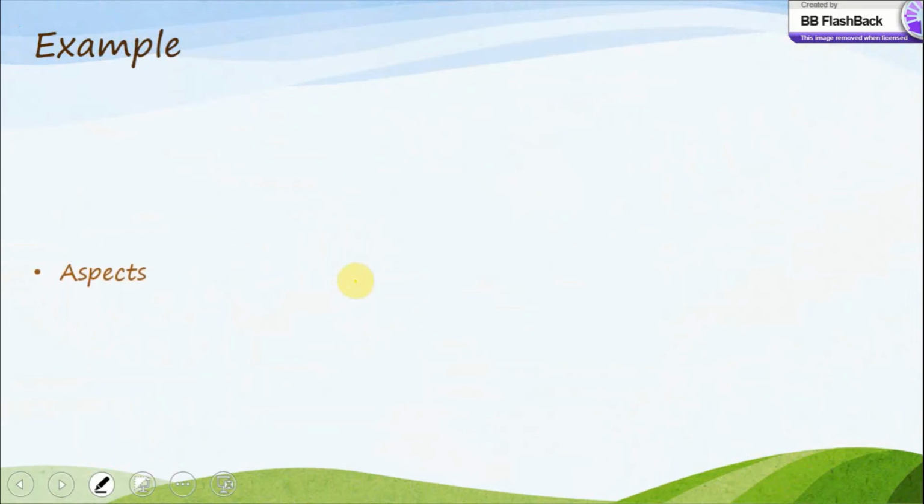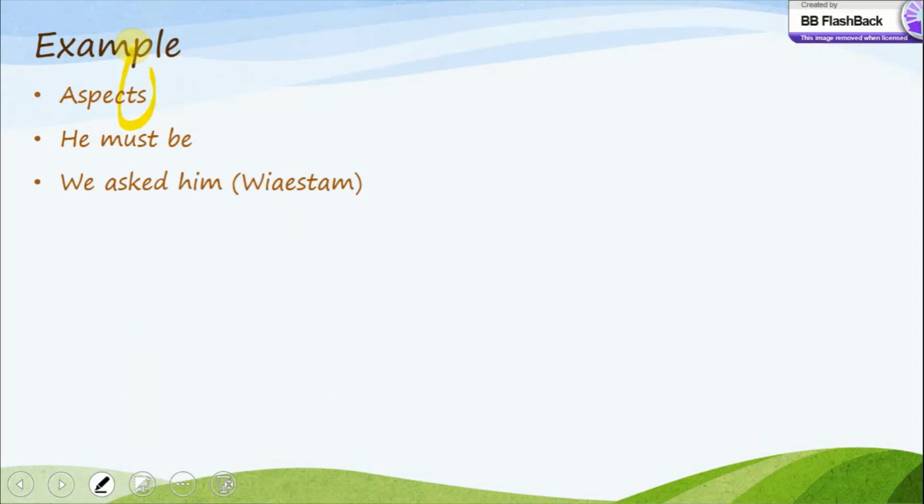Examples: instead of saying aspects, we say aspects. The sound is totally dropped. He must be: if we pronounce every sound in he must be, it will take time and be discontinuous from be, so we say he must be. We join them together by dropping the t sound. Then we have we asked them. We drop the d sound: we asked them.